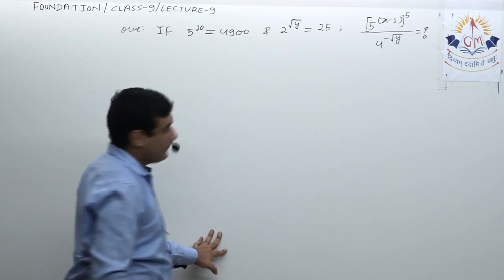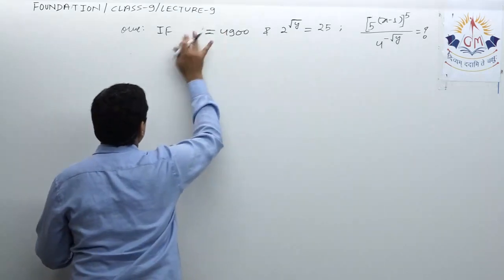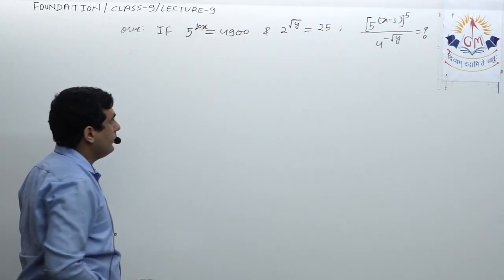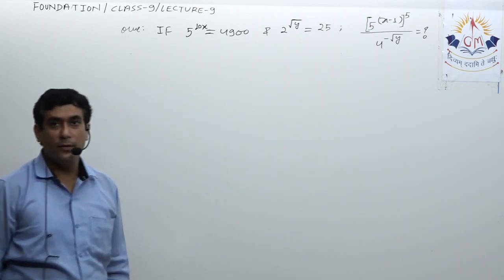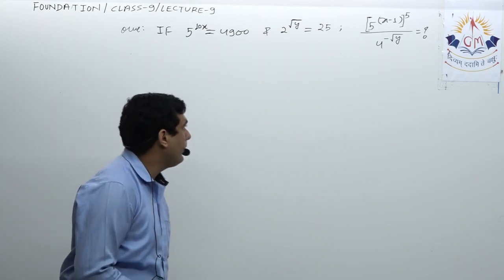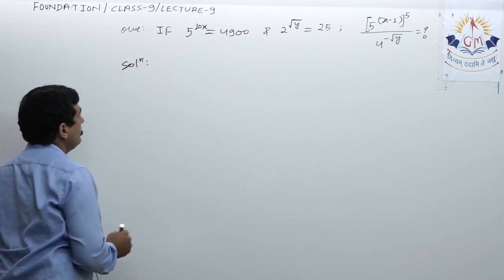It is given 5 raised to 10x is equal to 4900, and 2 raised to root y is equal to 25. Then you have to find the value of 5 raised to x minus 1 raised to 5 divided by 4 raised to minus root y. So let us see its solution.